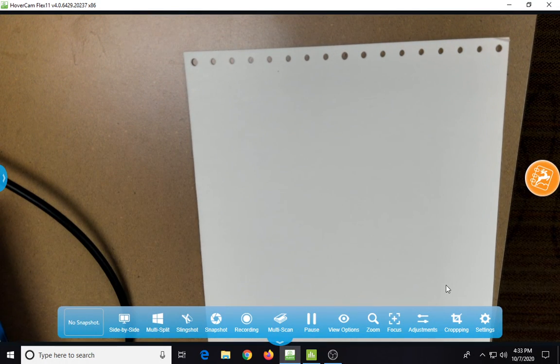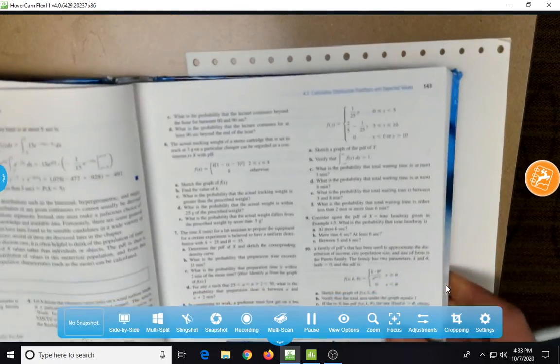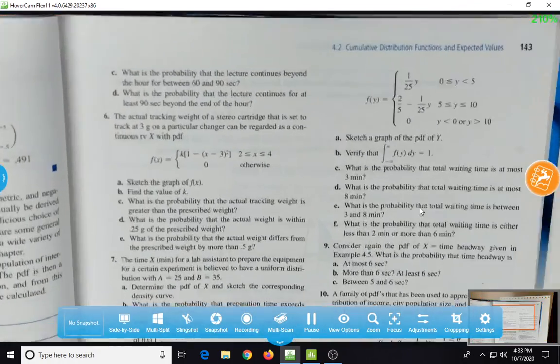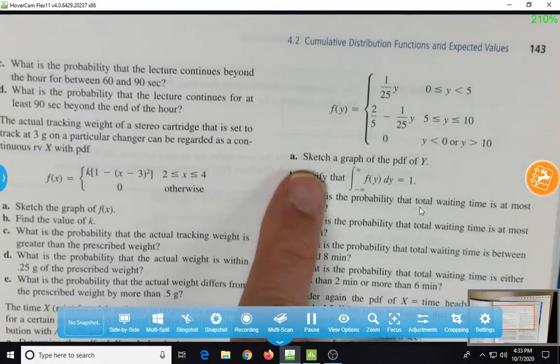Okay, so there are two parts that we saw in the book. One is on page 143, and this is the one that we get from here.